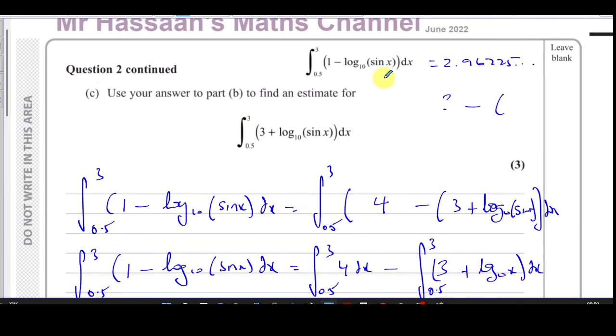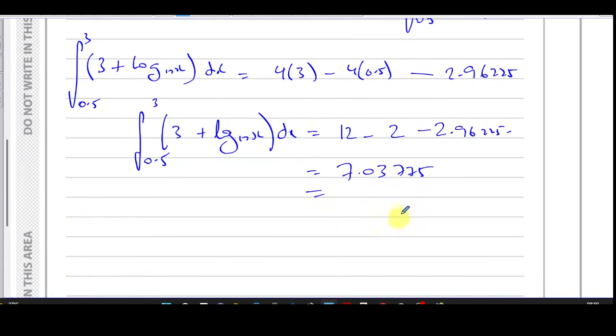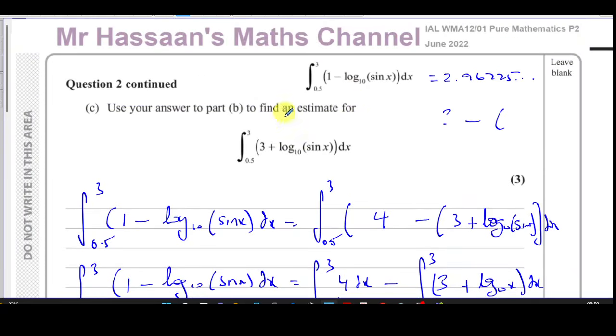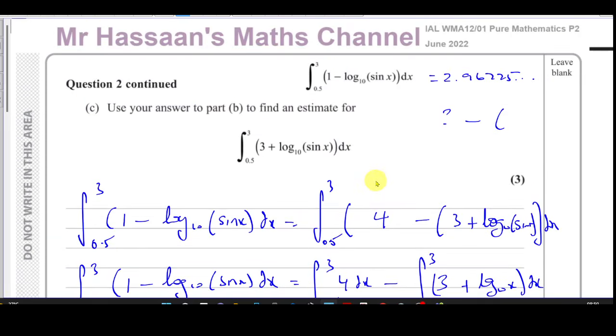They didn't tell us, so I'm guessing we can leave this to 3 significant figures, which is 7.04 units. That's how we should express our answer. If they don't tell us how to express it and it's not exact, you give your answer to 3 significant figures. So there's the answer to part C.